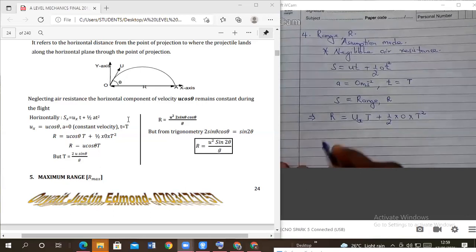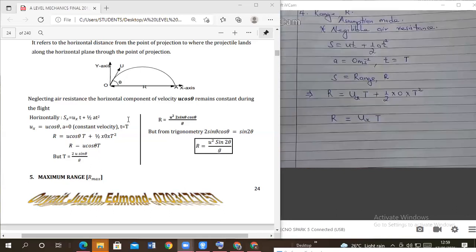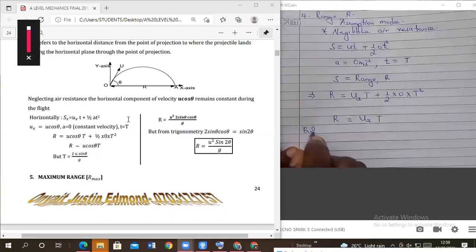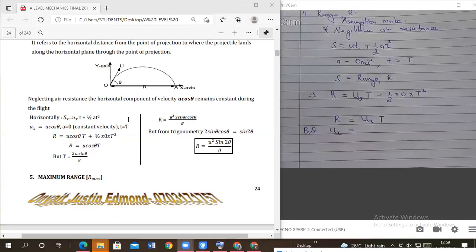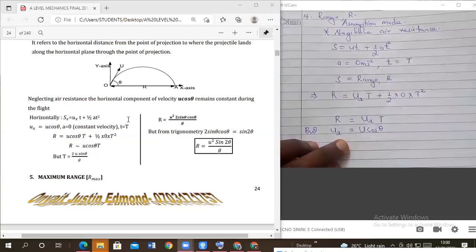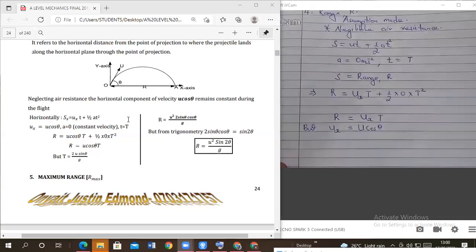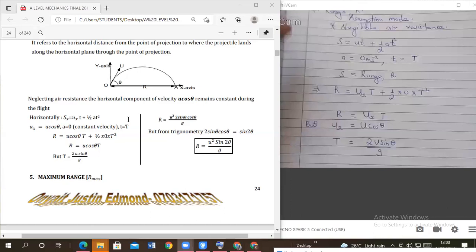So you find that our R will be equal to UXT. But what is UX, members? UX is U cos theta. Then T is 2U sin theta over G.